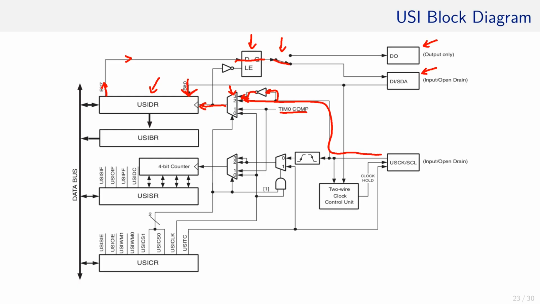So if the timer 0 compare unit triggers every 6.67 microseconds, a transfer rate of 150 kilobaud is achieved. Or as last source, I can choose USICLK of the control register UCR.